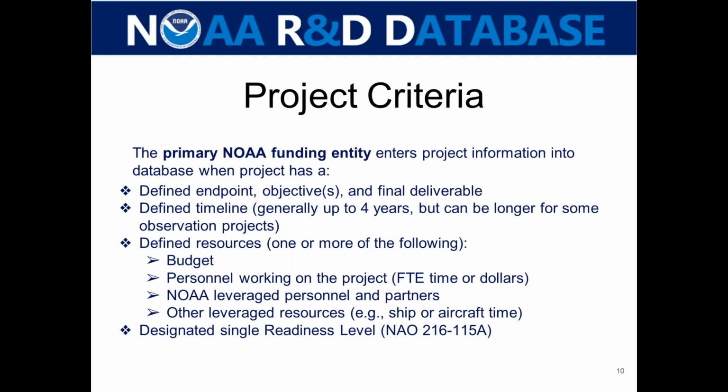If you say it's at multiple readiness levels, our answer would be to make a project for each of those readiness levels. Each of those aspects should be separate. No project in the R&D database should be at more than one readiness level simultaneously. However, you will start at a specific readiness level and then progress through those. So we do expect it to progress, but at any given point in time, it should only have one RL level.